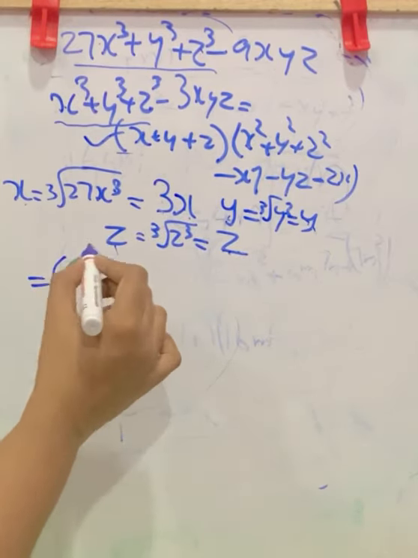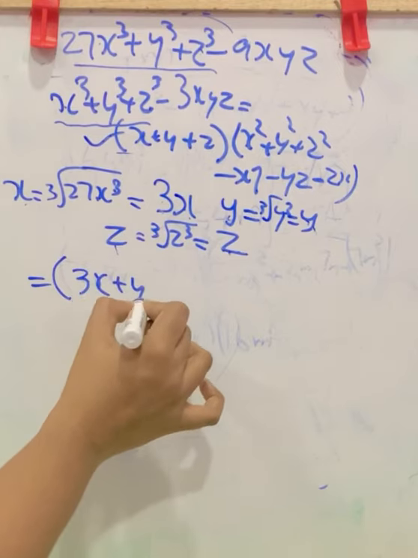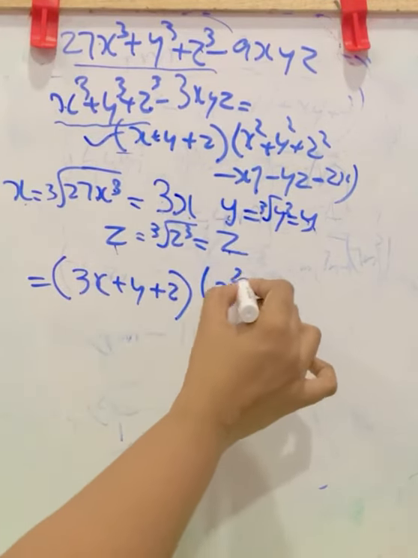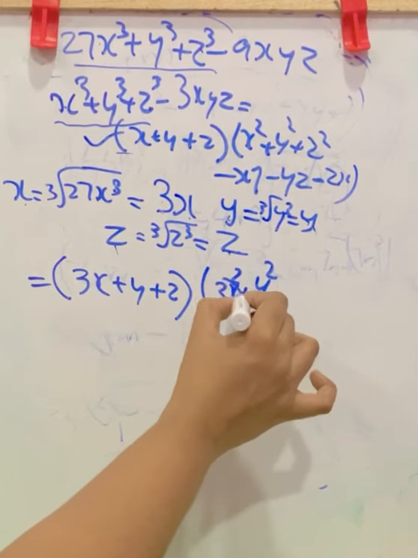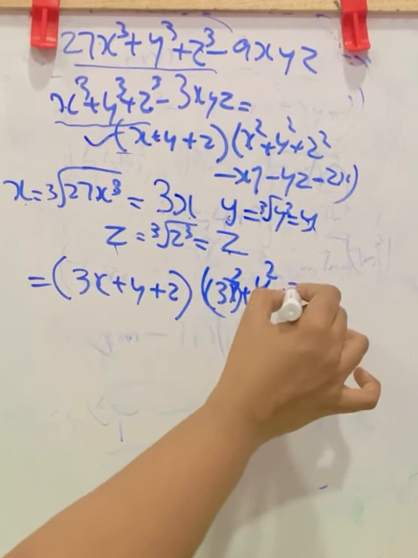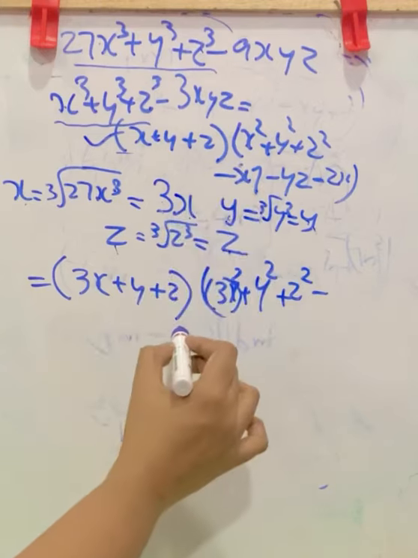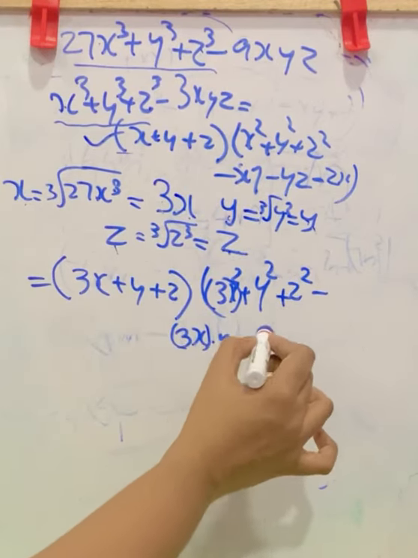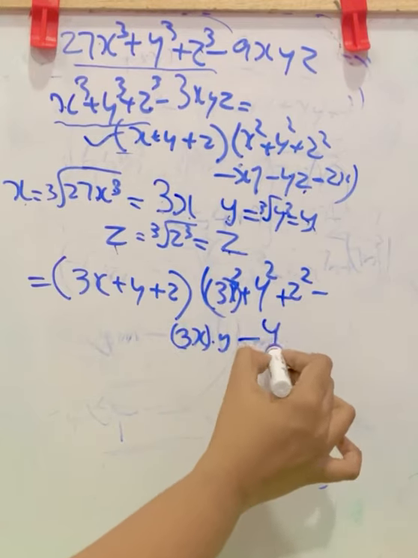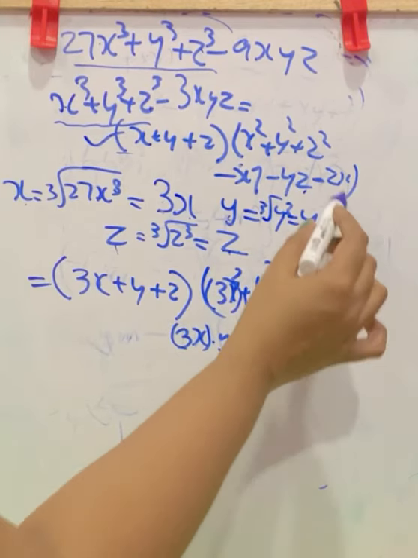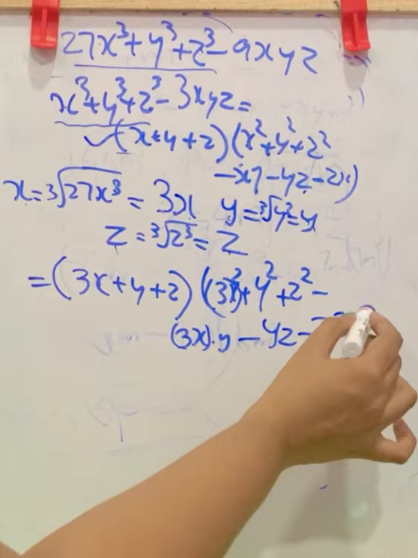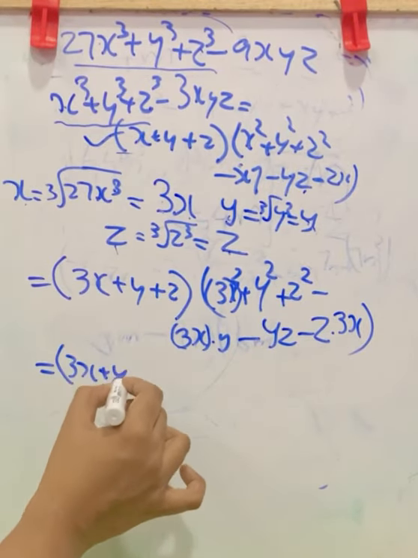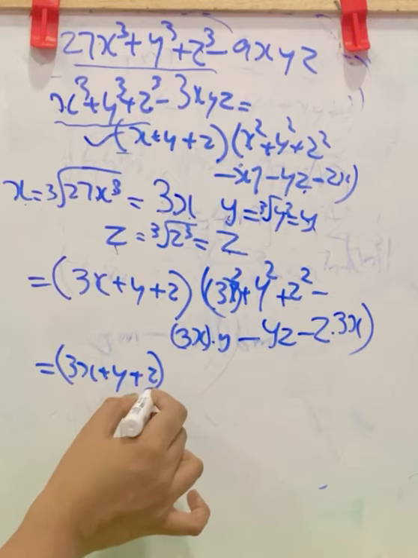So x plus y plus z is 3x plus y plus z into, this is 3x whole square plus y square plus z square minus 3x into y minus y into z minus z into, instead of x we will write 3x. We can write this 3x plus y plus z, close the bracket.